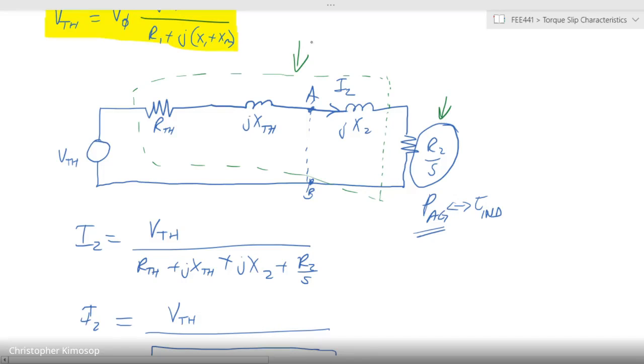When these two are equal to each other, you have maximum power being transferred, and in turn, maximum torque. That is the principle we make use of.